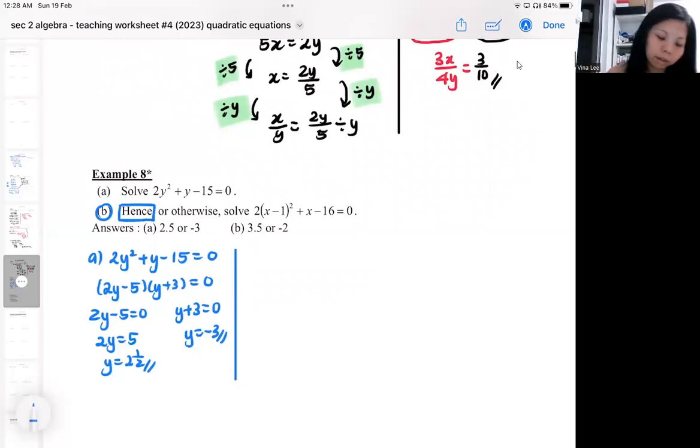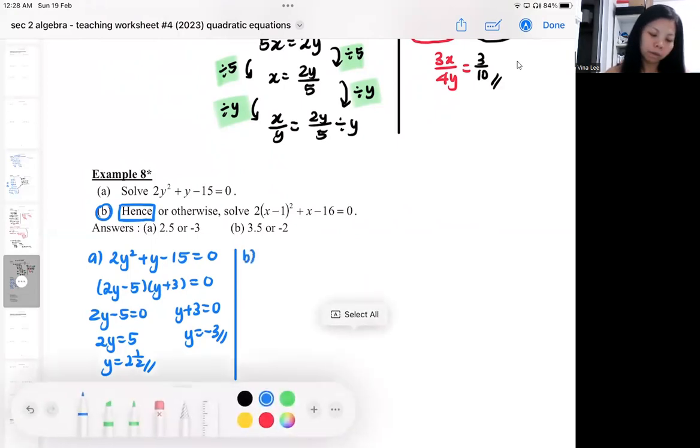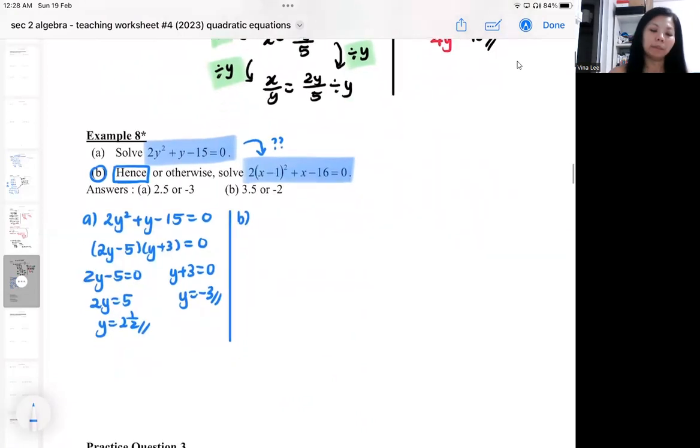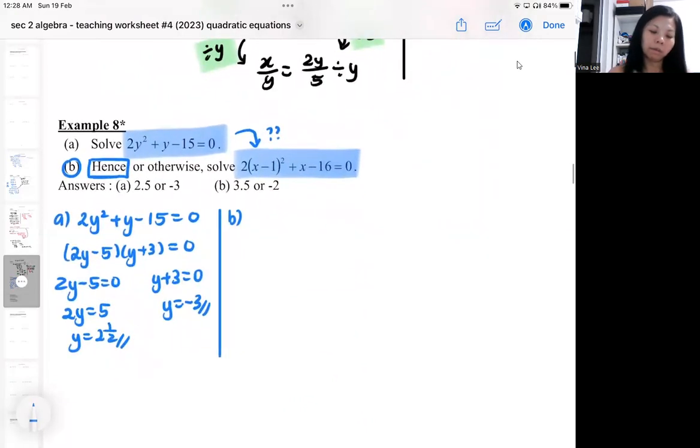Okay, so I'm going to show the hence method. How is this related to this? Is there a relationship or not? Most people couldn't detect the relationship, so now I'm going to explain what the relationship is.